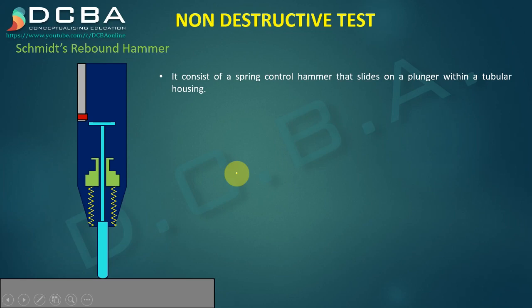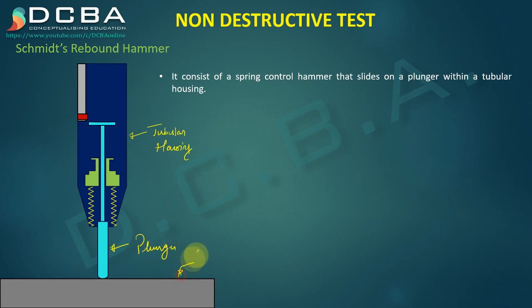So it consists of a spring-controlled hammer that slides on a plunger within a tubular housing. So this light blue thing is the plunger, and this is the tubular housing, right? And this is our plunger.